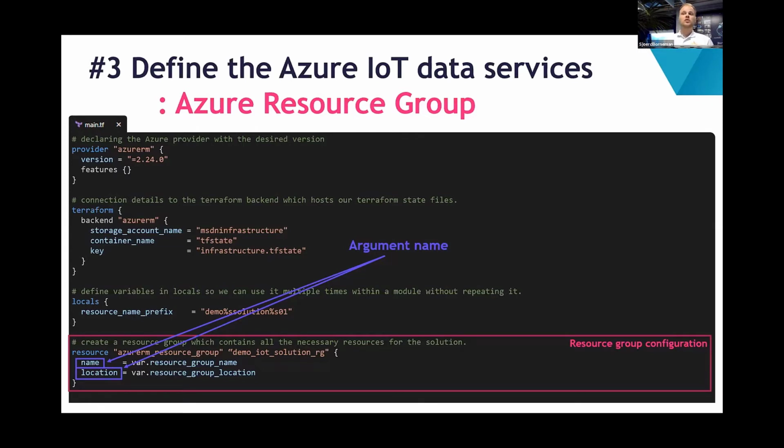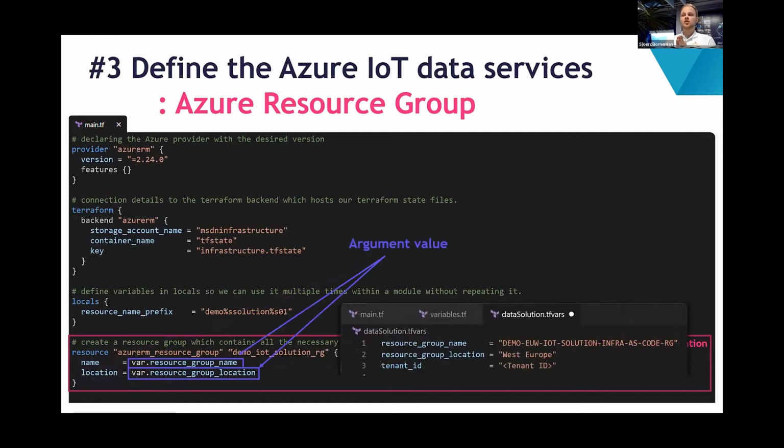For example, when you want to add some text to the resource group, that's a specific optional argument, but it's not necessary. All right, so for this specific Terraform resource, we are going to create the resource group. We have to pass on the name of the resource group and the location. And I'm going to do that by referencing our variable files by using the var.resource_group_name argument name, which contains the value for our resource group.